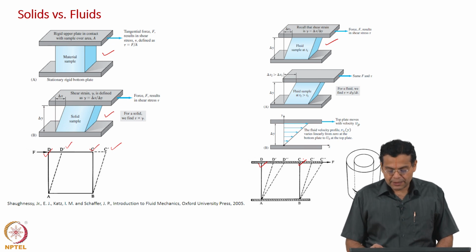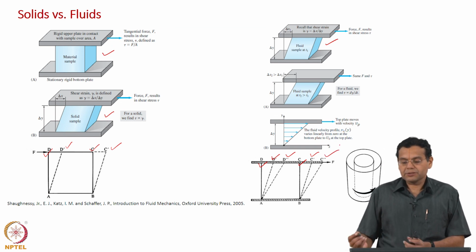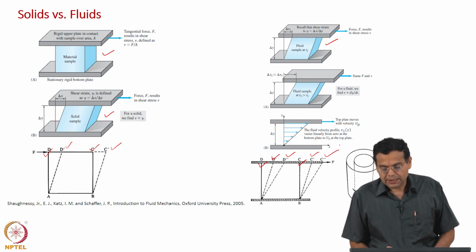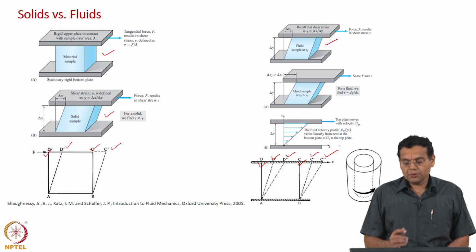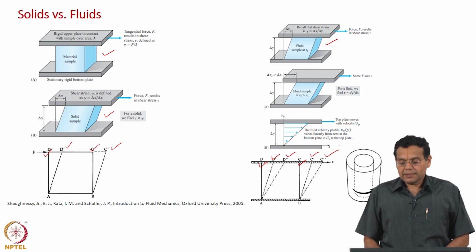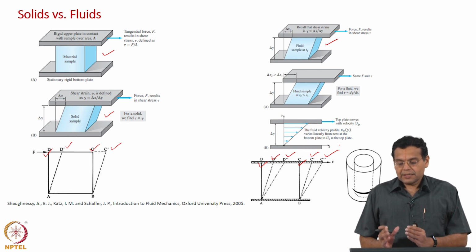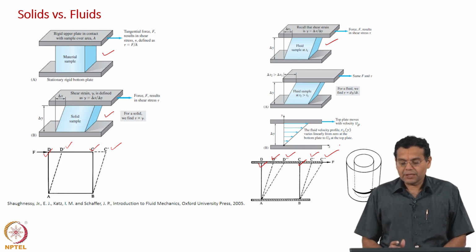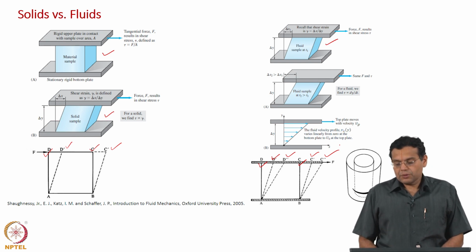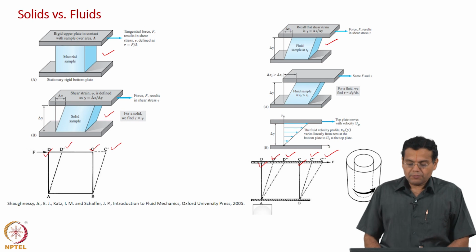As long as you apply, D moves to D dash, D double dash, C moves to C dash, C double dash. So, it continues to deform as long as you apply the tangential force. And now, if you take out the tangential force, it just retains the final shape as such. So, that is why we say fluids flow. So, now what is the implication?